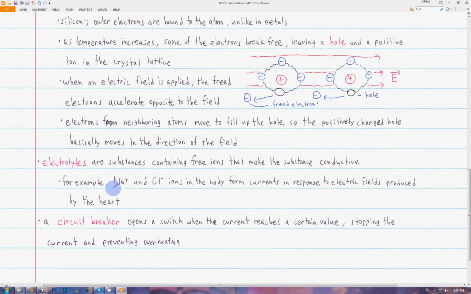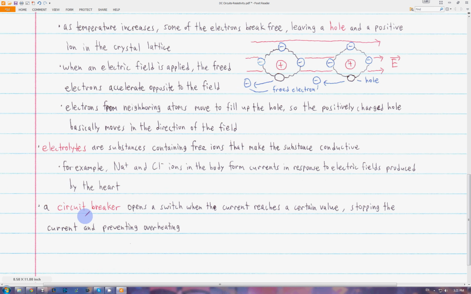These ions are common in our body, and they can form currents when an electric field is applied to them from the heart. The sodium and chlorine ions are also involved in transferring electrical signals through neurons throughout the body.